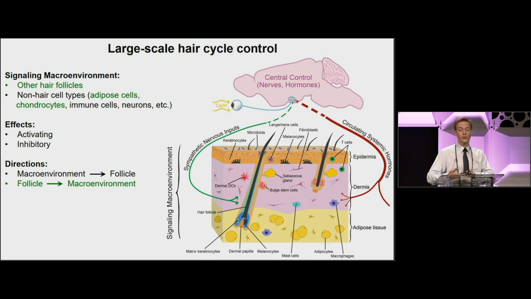And the signaling inputs that hair follicles receive from their microenvironment could be both stimulating as well as inhibitory. And furthermore, signaling exchange is really bidirectional because hair follicles can likewise dramatically alter signaling input for their non-hair neighbors. And in today's talk, highlighted here in green, would be some of the aspects of signaling microenvironment that I will mention.